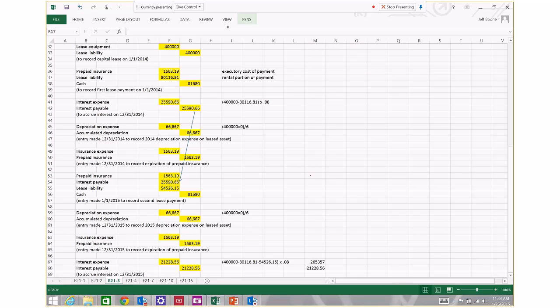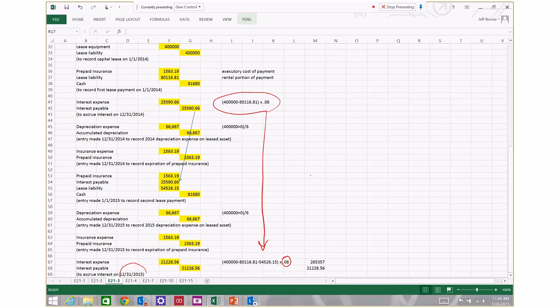And finally, the last thing that we need to do at the end of 2015 here is we need to accrue interest expense on this lease liability, the amount of interest expense that has accrued up through December 31st, 2015. The way we're going to do it is real similar to the way we did it last year. We're going to take the carrying amount of the lease obligation at the beginning of the year, that's at 1/1/2015, and multiply it times the appropriate interest rate, which is in this case 8%.